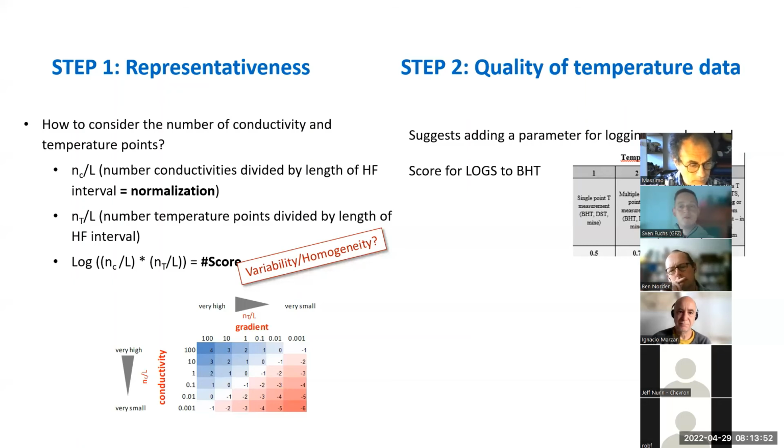Looking a bit more into the future and thinking that one day we probably have also connected raw data of temperature or connectivity to the heat flow database. Probably that opens up a bit more flexibility to take that information into account.